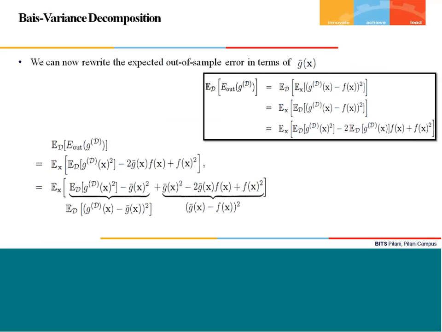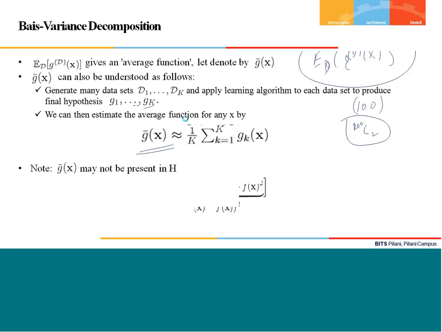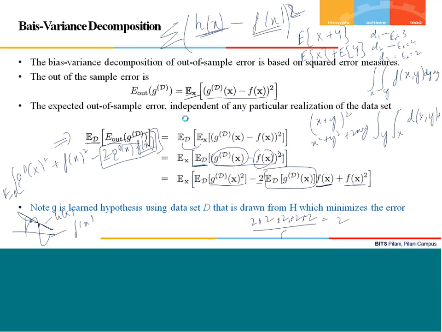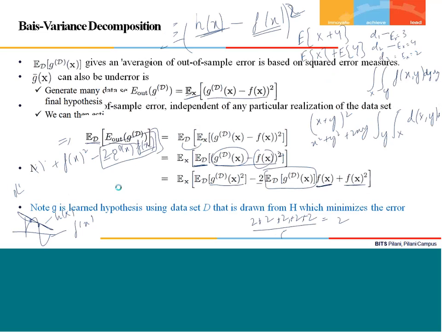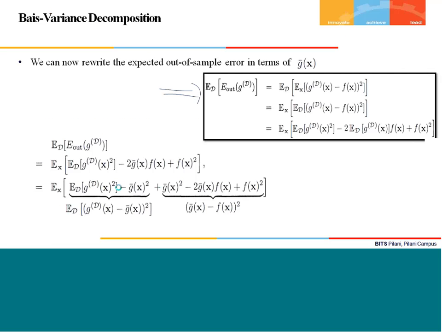Okay, so we can now rewrite this expected out of sample error like this. This is the same, right? From the previous slide. This is the same. So now this E_D of this, we have written like this. We just changed the notation, nothing else.